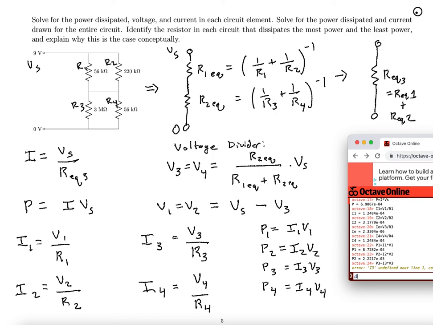Oh, did I miss I3? Yes, I missed I3. Made a mistake here. That should have been I3 equals V3 over R3. There we go. And now I can go back and do P3. P4 equals I4 times V4. And I have all the quantities in the problem.